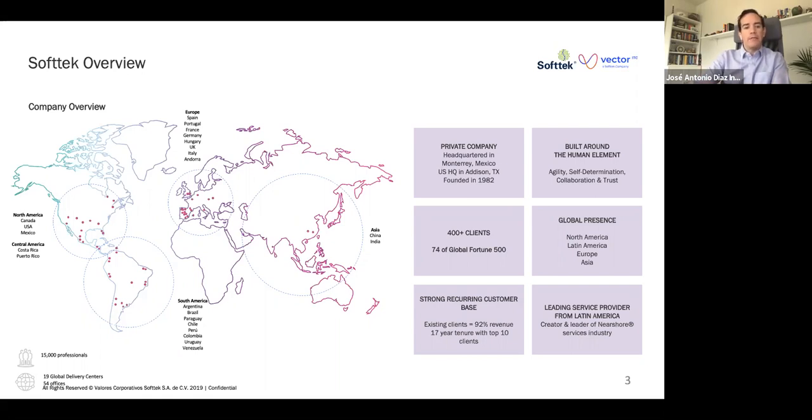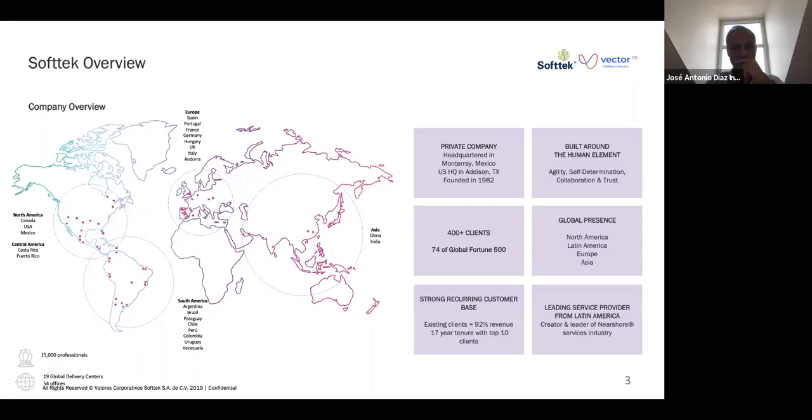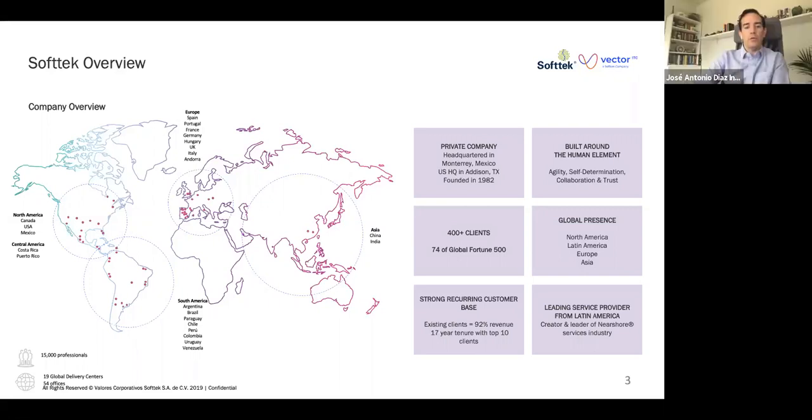For the US, where I'm located, we provide services from Mexico, and we have different locations in Mexico serving the US. In Latin America, we have many locations, mainly in Brazil and Argentina. And for EMEA, we usually use our Spain centers to serve the UK market. That's what we've been doing for many years for different clients.